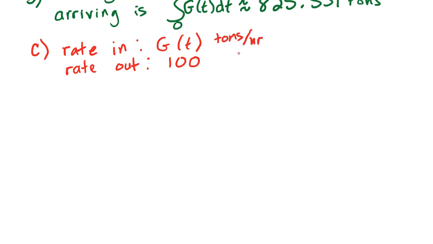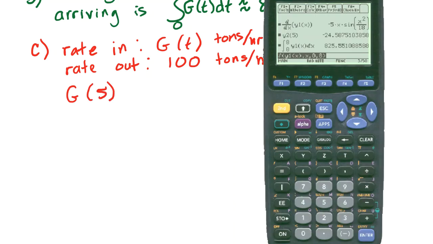So we could come up with another function that would be the difference between the two of them. We could say that we want to compare these two values. We could create a third function, or we could simply say, well, what is g of 5? And I can grab that from my calculator.